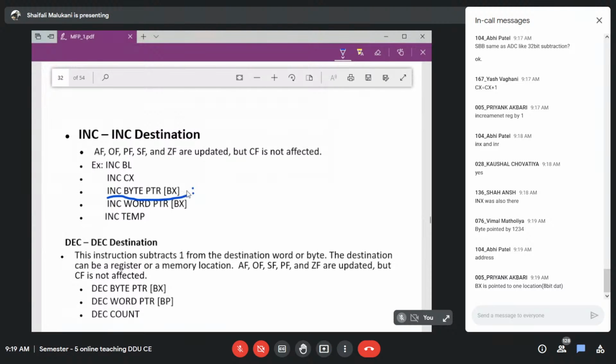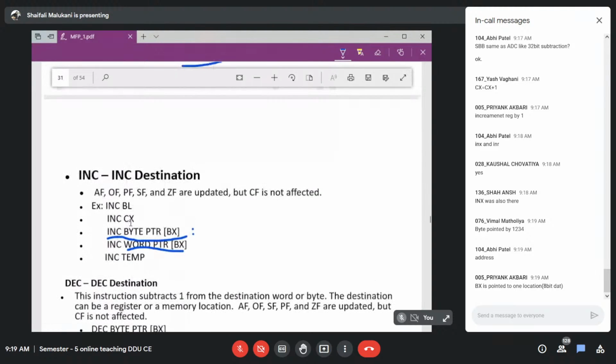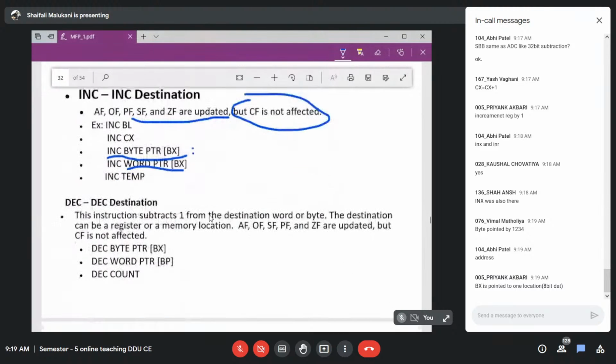So actually it is an increment of 8 bits only, and the other is actually the word pointed by location 1234. Which flags are affected? All these flags except the carry flag. Carry flag is not affected. All other flags are affected.